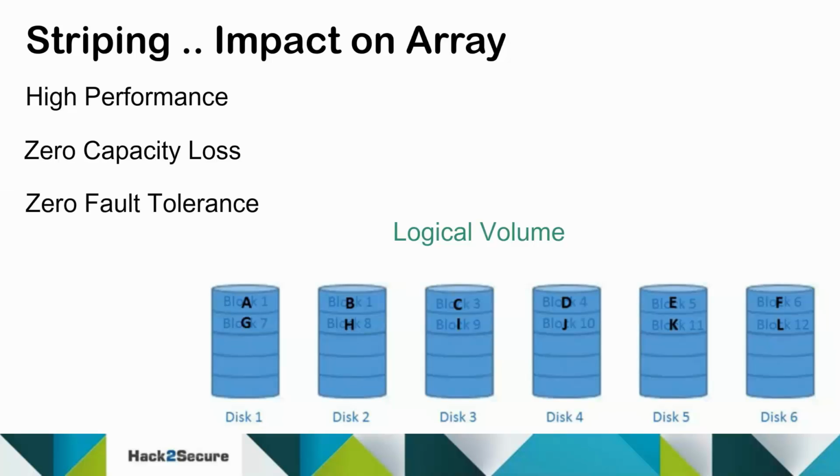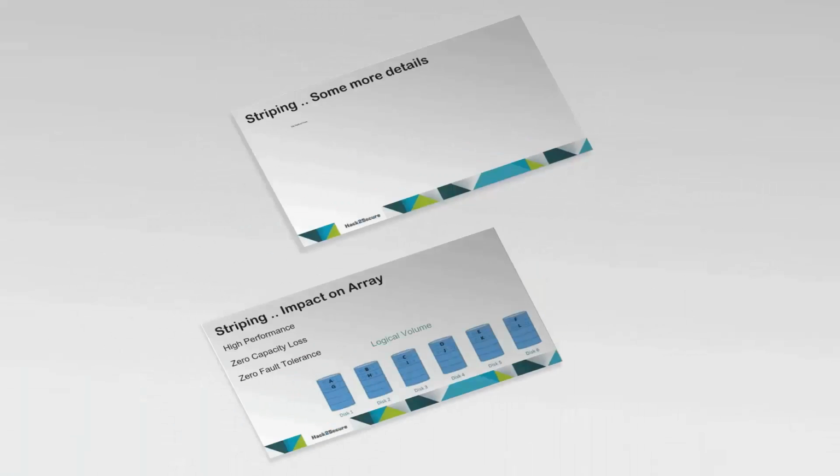However, striping provides zero fault tolerance due to the absence of redundancy. So striping alone does not provide any data protection, but when combined with other methods, this drawback can be overcome. In upcoming sections, we will see how the striping method can be utilized along with other methods to provide RAID configurations.